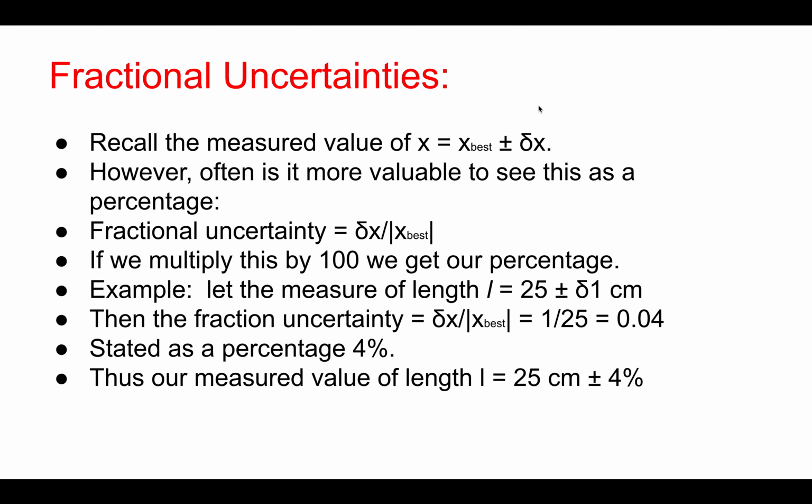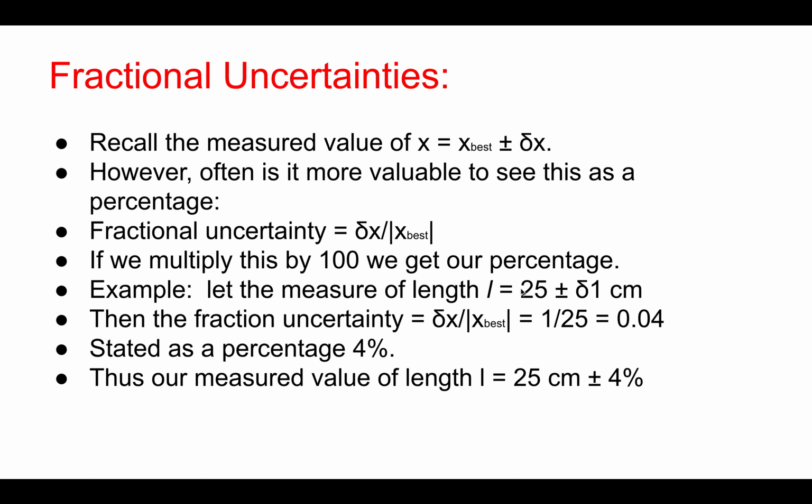Fractional uncertainties. It's often useful to present the values in terms of fractions. Okay, so to get the fractional uncertainty, we just take the uncertainty and divide it by the magnitude of our x best, okay? And then we multiply it by 100. So say we have the length is 25 plus or minus 1 centimeter, okay?